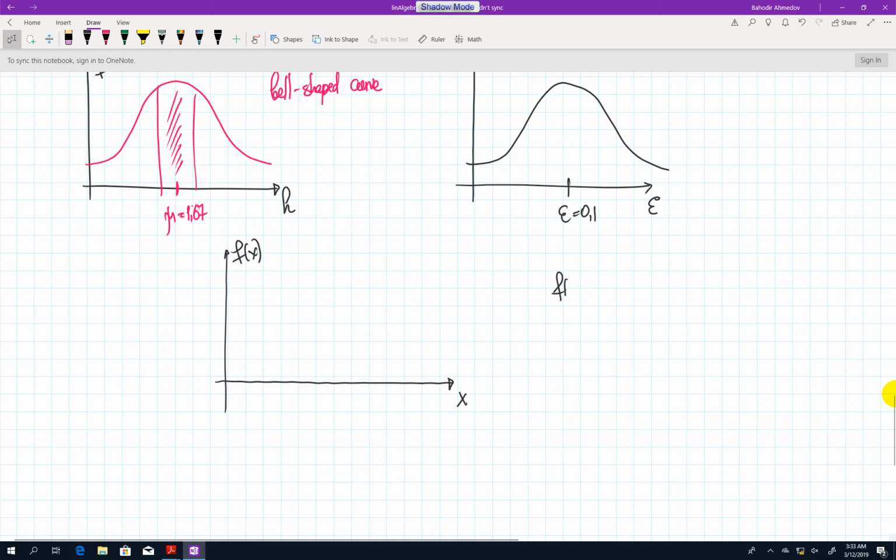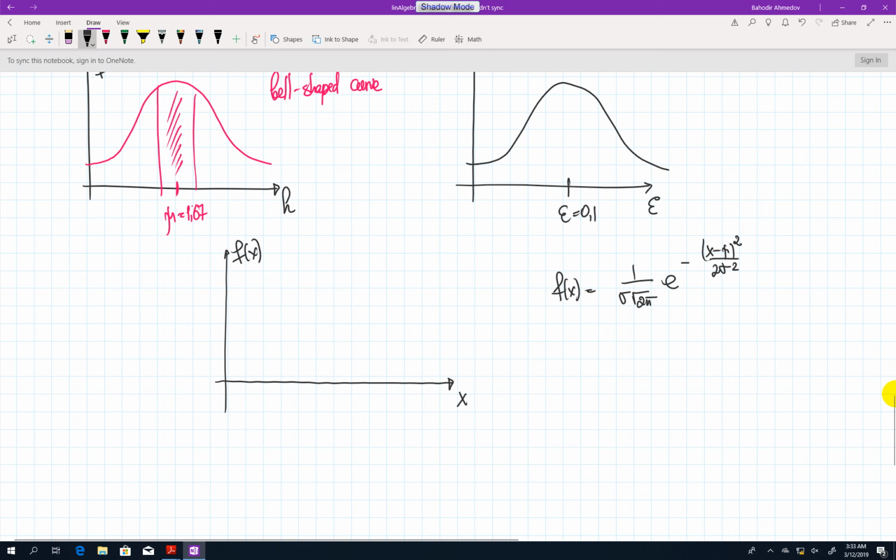So our f of x is equal to 1 over sigma multiplied by the square root of 2 pi, times e to the power of minus (x minus mu) squared divided by 2 sigma squared.